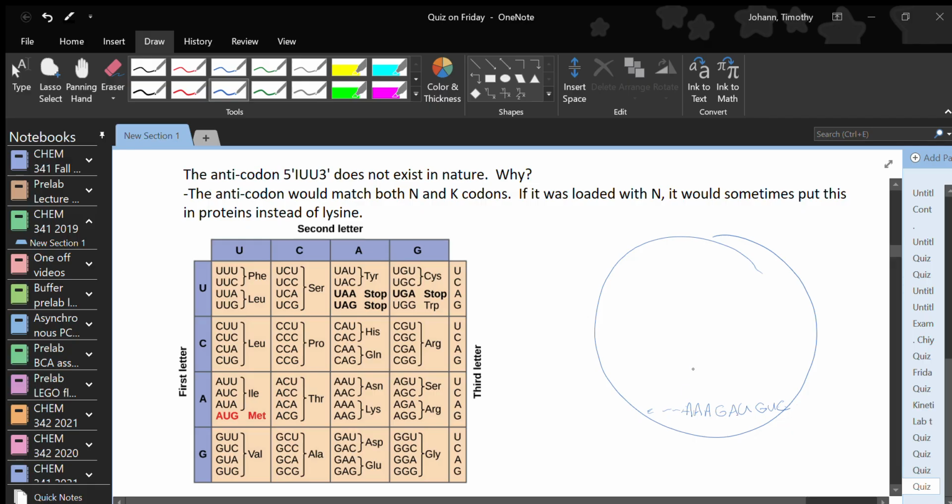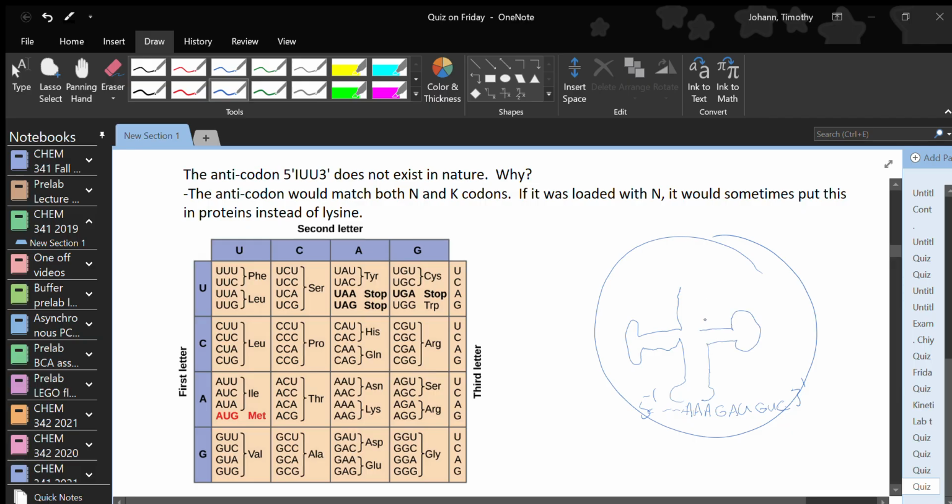So we're going to go AAA. So this is 5' to 3' in that direction. And so if that's the way I'm going to go with it, then I have to have my tRNA come around. And this is the opposite of the way our figure was, right? So I'm going to try to draw a clover leaf, and it's just going to be awful.